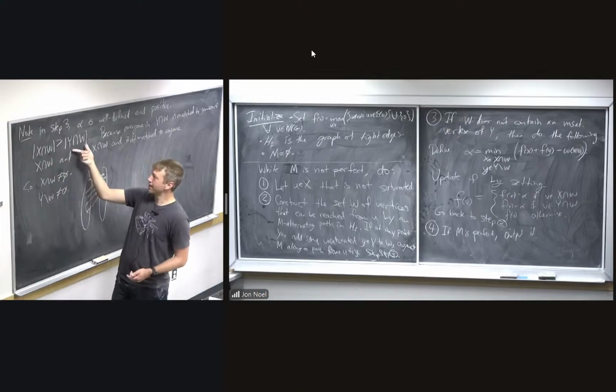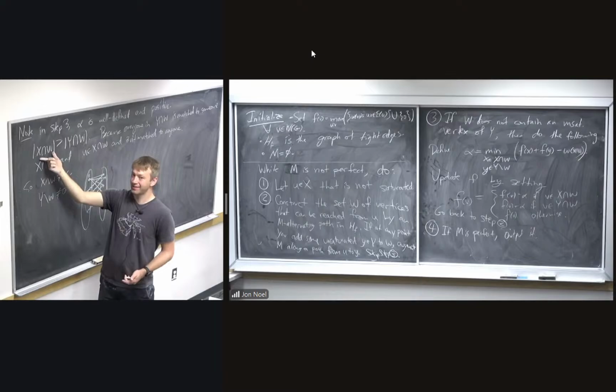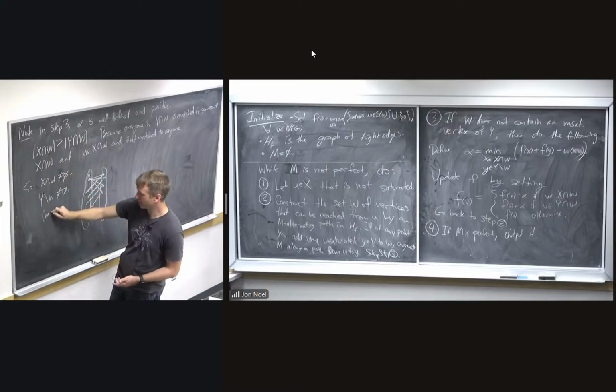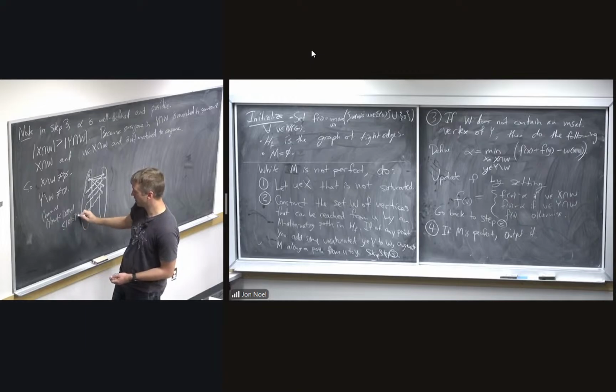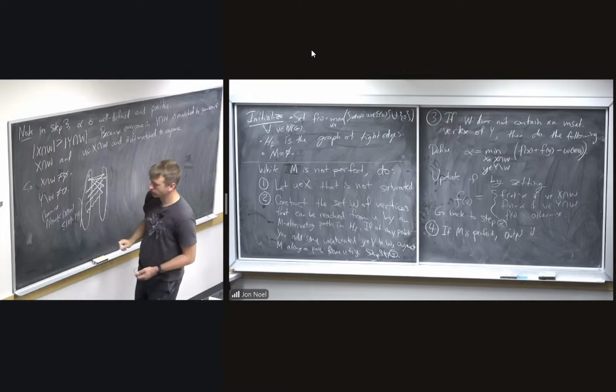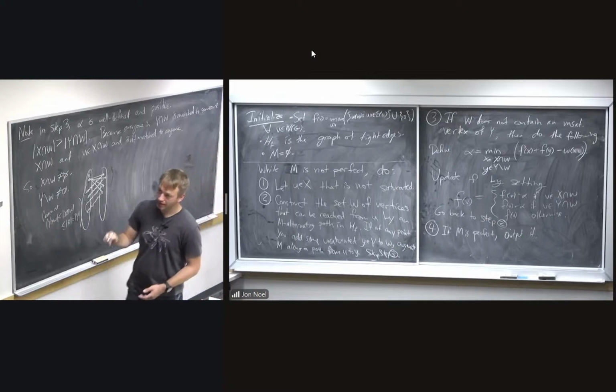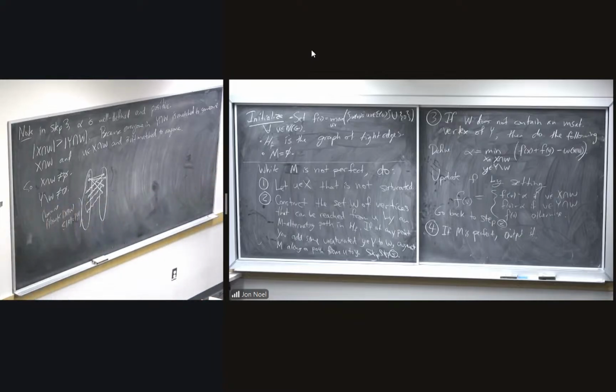And this set has size less than X because it has size less than X intersect W. So because Y intersect W has size less than X intersect W, which is at most size of X, which is equal to the size of Y, this set is non-empty, and this set is non-empty.